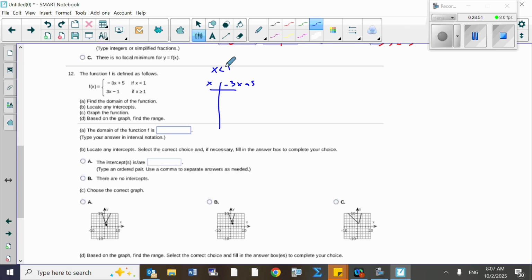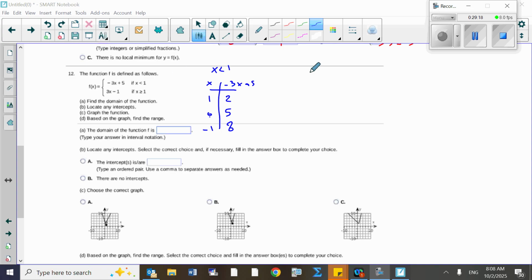I always start with this endpoint number, even if I don't have an equal sign here, 1, 0, and I'm going to try two other numbers which are less than 1. So find the y value of that. Plug in 1 here. This will be -3 plus 5, which is 2. This will be 0 plus 5. This will be 3 plus 5, 8.